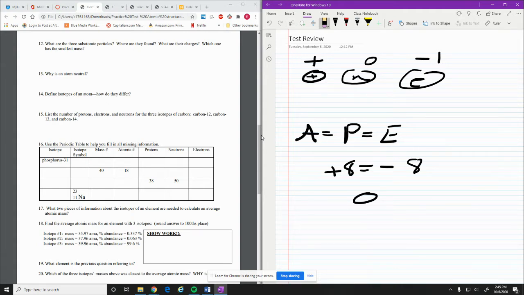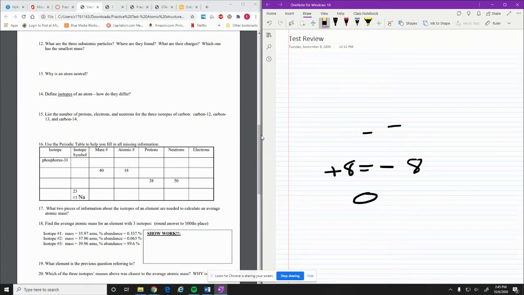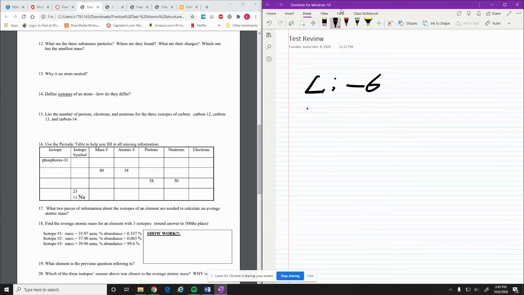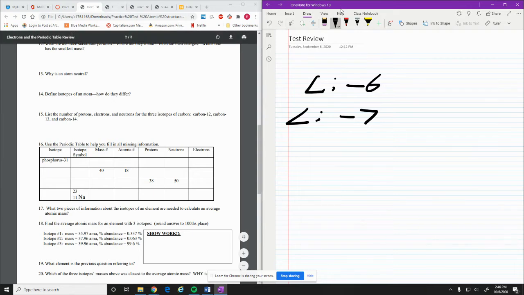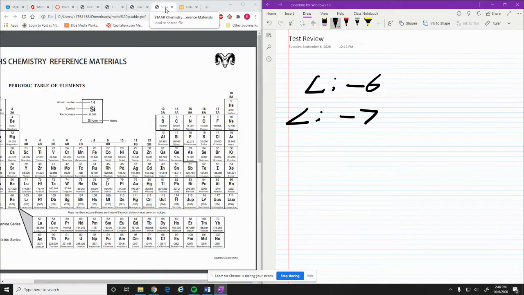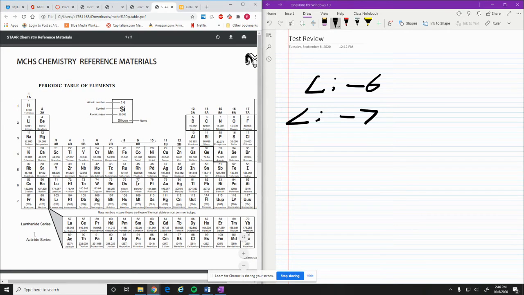All right. Question number 14, define an isotope. Isotope, we've done it so many times already, right? But it is essentially the same exact, let's do lithium. Lithium-6, lithium-7. It's the exact same element. If we're looking at the periodic table, lithium is all the way to the left.